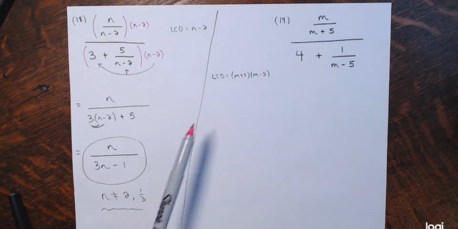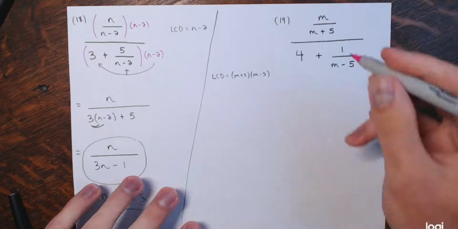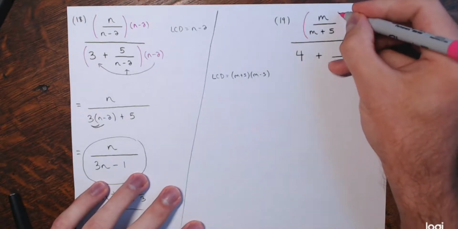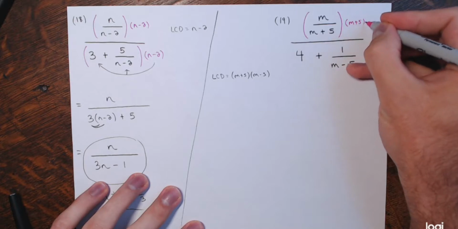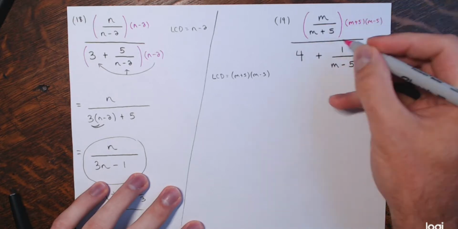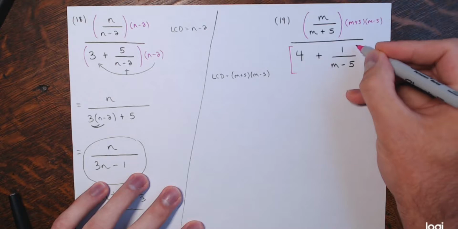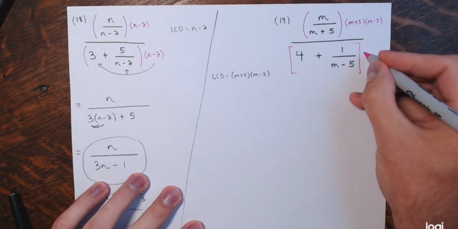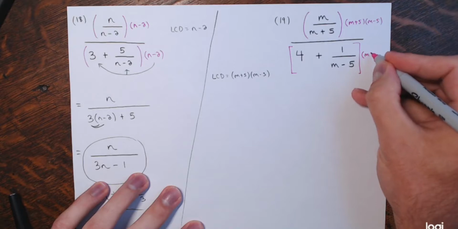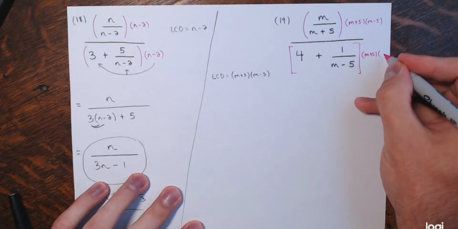m squared minus 25 if you want to multiply it out. So I take the numerator, this single fraction, multiplied by the LCD, m plus 5 times m minus 5. And same thing with the denominator. Now the denominator has 2 terms, so each of these will be multiplied by the LCD of m plus 5 times m minus 5.